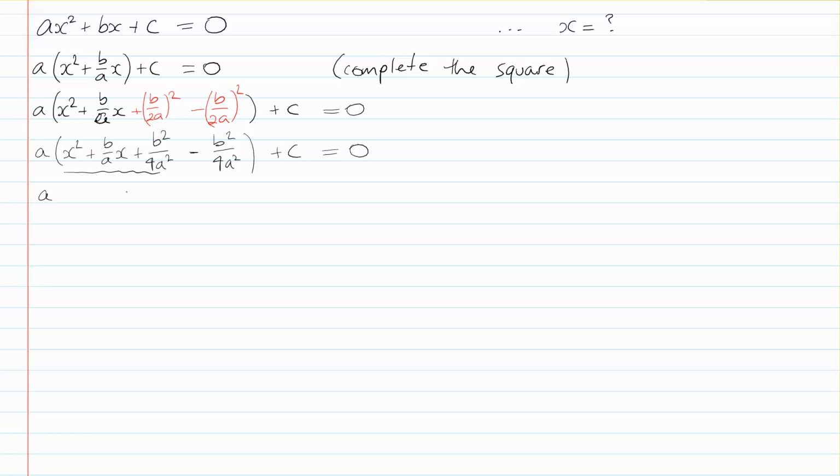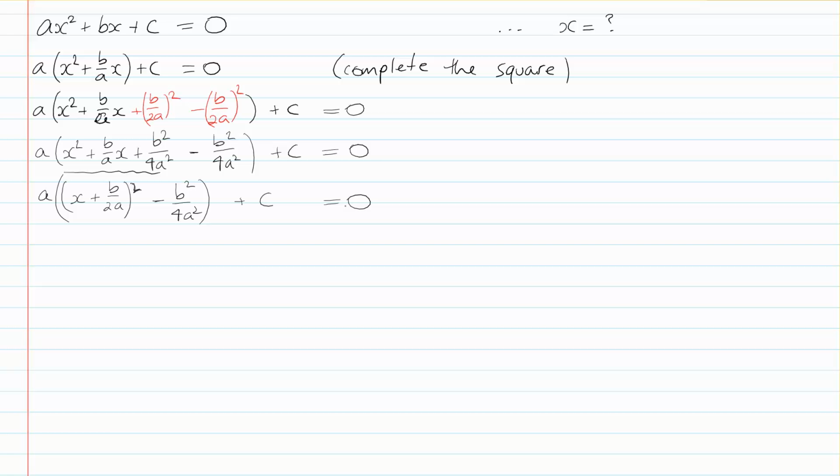Remember, this is why we do the completing the square method. So when I factorise that, I get x plus b over 2a, all squared. That's the whole reason we do it. That b over 2a is half of the coefficient of x. That's what ends up in our brackets. But I've still got a minus b squared over 4a squared. So I'll put brackets around that because it's still multiplied by a ultimately, and that equals 0.